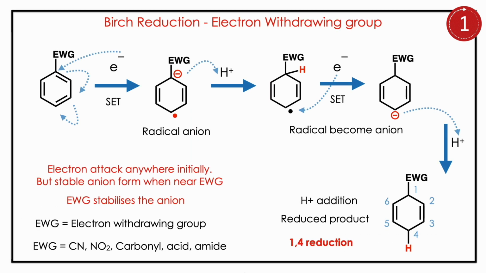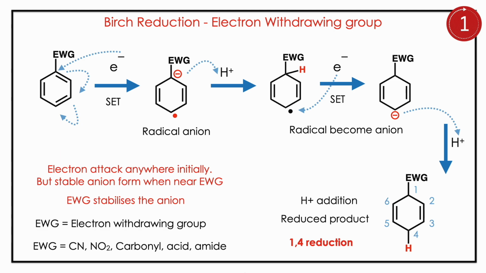At first, Birch reduction with an electron withdrawing group. The electron withdrawing group stabilizes the anion, so the anion can form near the electron withdrawing group. Basically the electron is the nucleophile here. It can attack anywhere, but it attacks in such a way that the anion forms near the electron withdrawing group. That is a stable arrangement. So through the single electron transfer mechanism, that is the SET mechanism, you have the radical and anion both forming at para positions. Then the anion is quenched by H plus, forming the hydrogenation at the carbon near the electron withdrawing group.